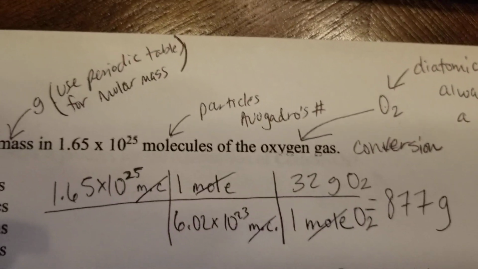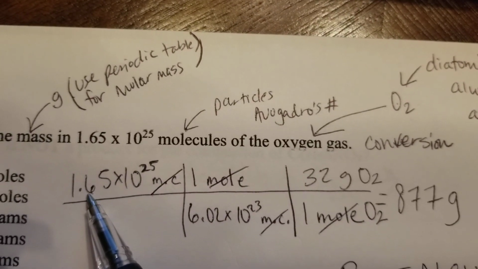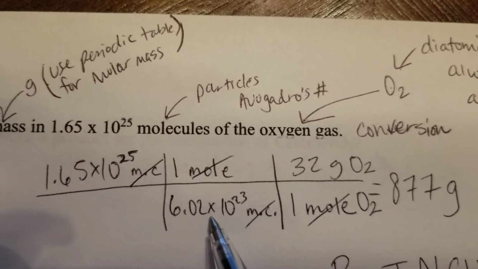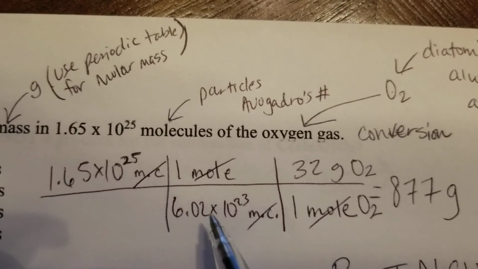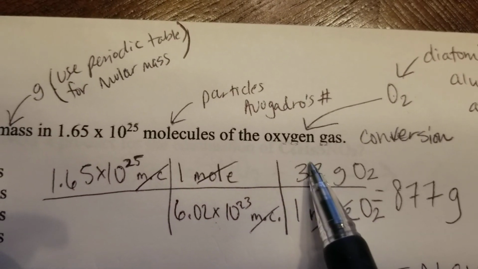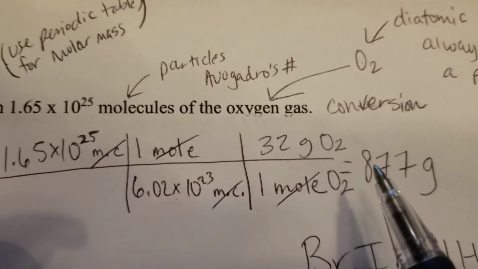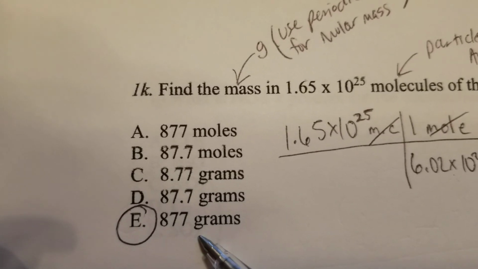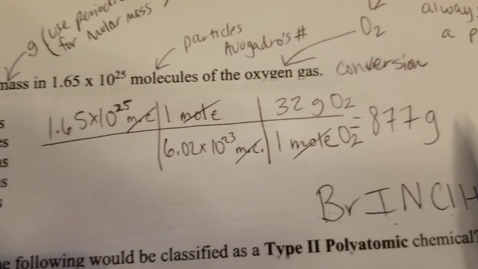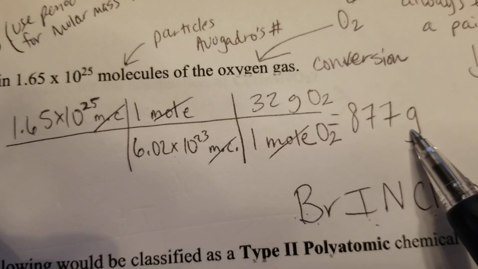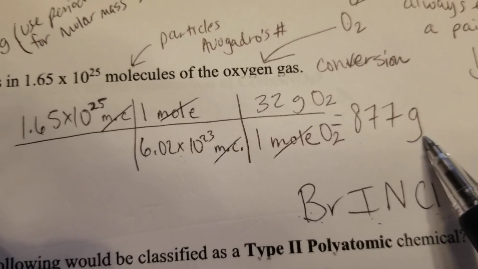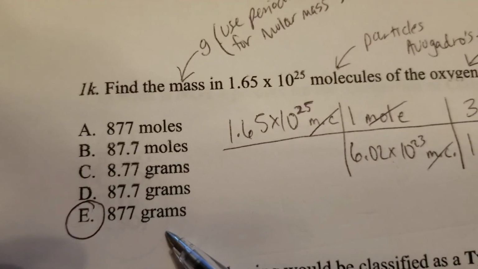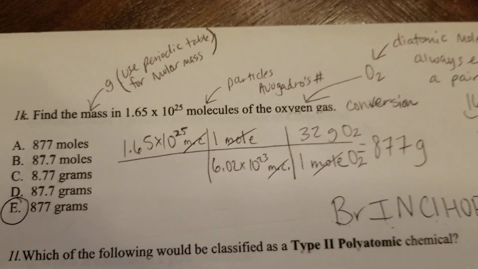Now, when I plug this in my calculator, I'm going to put 1.65 times 10 to the 25th power divided by Avogadro's number. Because it's in the denominator, you have to divide. Then you multiply by 32. What does that give me? 877 grams. Okay, make sure you remember that. That's why it's asking about the mass. 877 grams. So that's why the answer is letter D. Okay, that was lesson number 1.